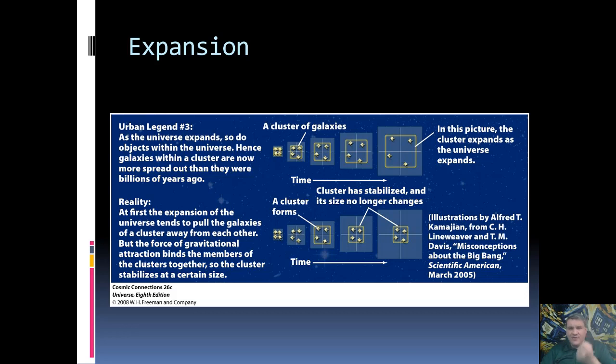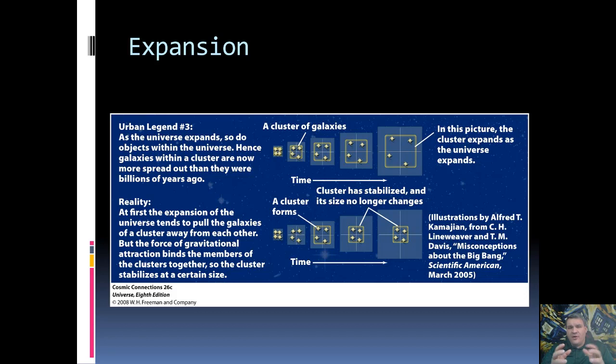You've got the positive nucleus and the negative electrons going around. That is an electromagnetic attraction, positive attracted to negative. That attraction is stronger than the expansion of space. Space is expanding, but the attraction between the positive and negative holds the atom together, and space expands around it.